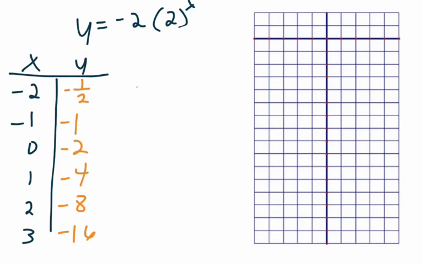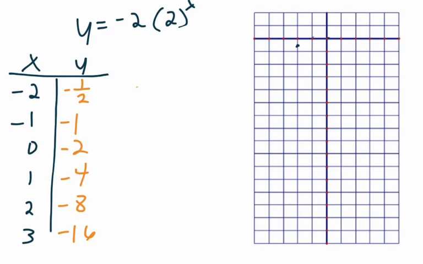Now this will have a little bit of a different look to it because of the negative we have at the front. My first coordinate is negative 2 and negative 1/2. Negative 2 is here, negative 1/2, just right there.